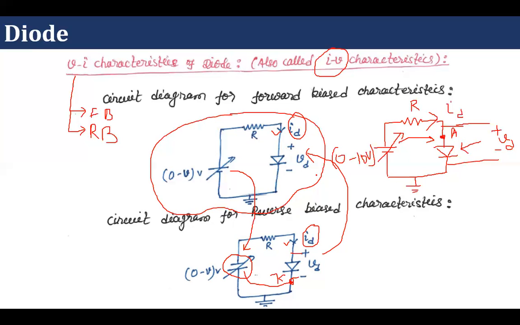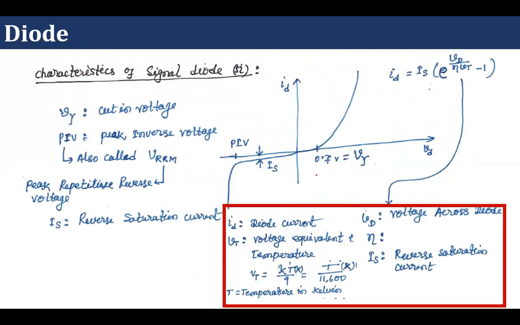And so we are going to get a graph like this. This is the forward bias characteristic, from this positive y-axis to this side, and here we have the reverse bias characteristic. Initially, suppose that we are keeping the supply voltage 0, so at that time 0 current will flow.